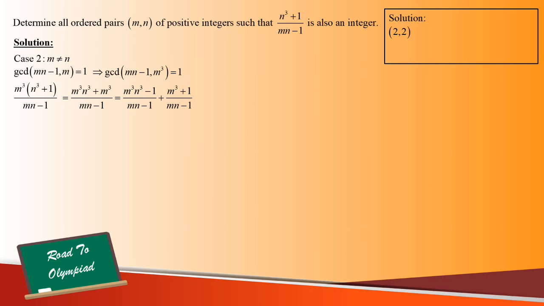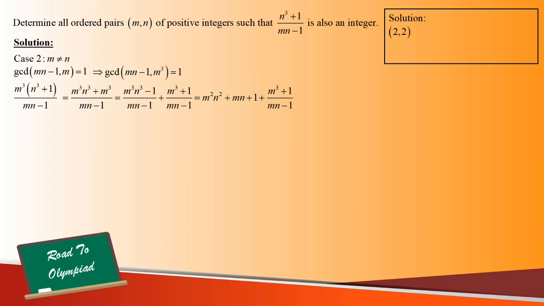Here, notice that the numerator of the fraction on the left-hand side can be factorized this way, and we can cancel off the term mn - 1 to obtain an integer. Therefore, in order for (n^3 + 1)/(mn - 1) to be an integer, we need m^3(n^3 + 1)/(mn - 1) to be an integer, and this implies that (m^3 + 1)/(mn - 1) needs to be an integer as well.